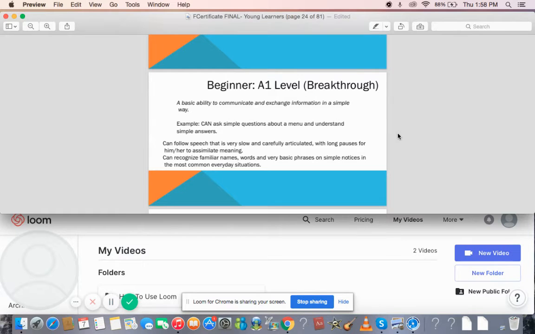As a teacher, if your student is A1, you have to speak slowly. You do TPR, total physical response, and communicative language teaching. You show them how the phrases are used. It's very important when teaching A1 or beginner to demonstrate the basic phrases using TPR, and repetition is very important at this stage. Proper enunciation or pronunciation is also key.